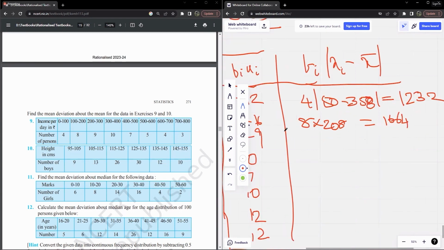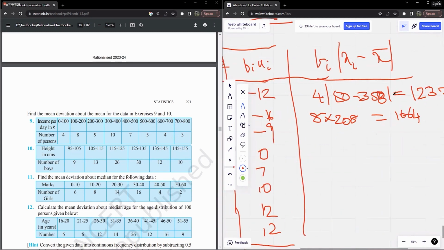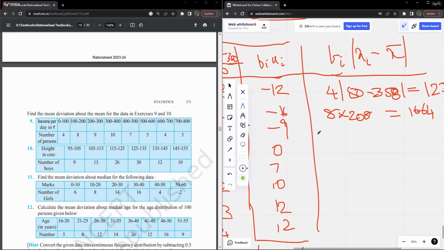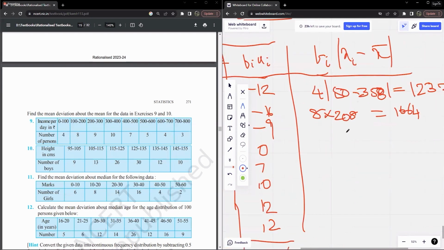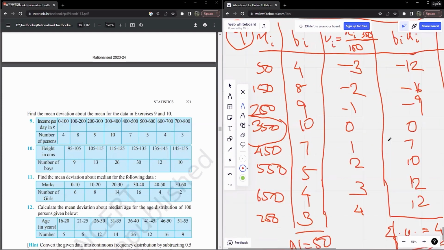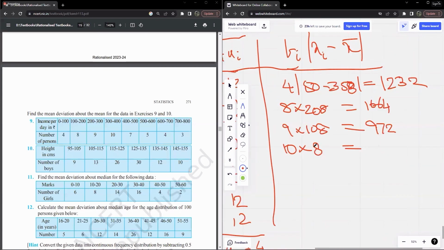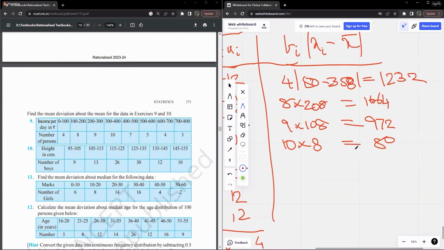Then this is going to be 9 into 250 minus 358. That is going to be 9 times 108. 9 into 108. That is going to be 972. This will be 10 times 8. 10 into 8. That is going to be 80. And again, this is going to be 7 into 108.